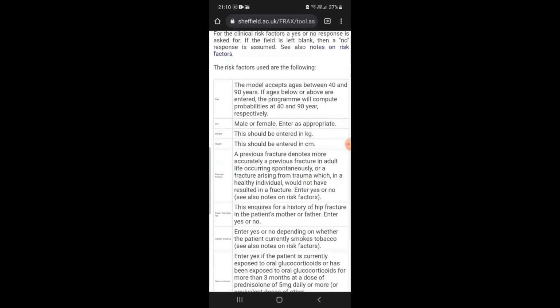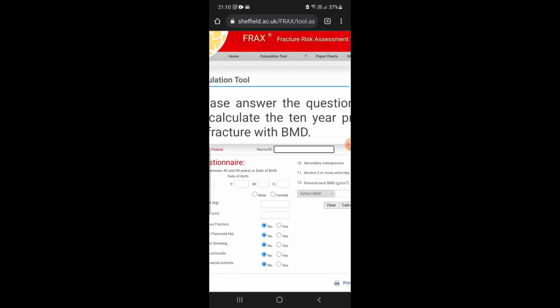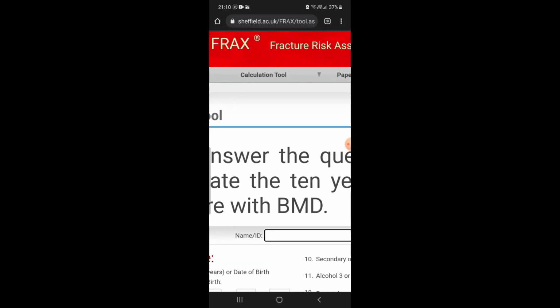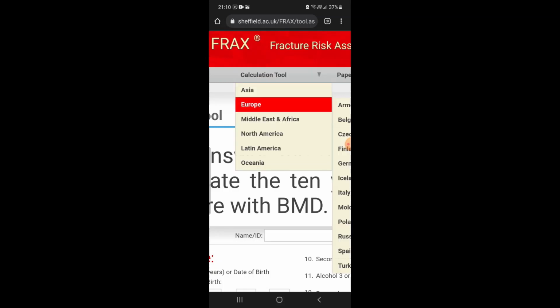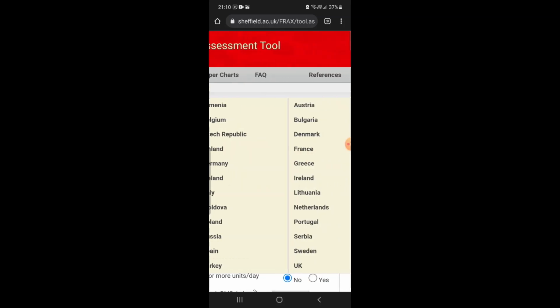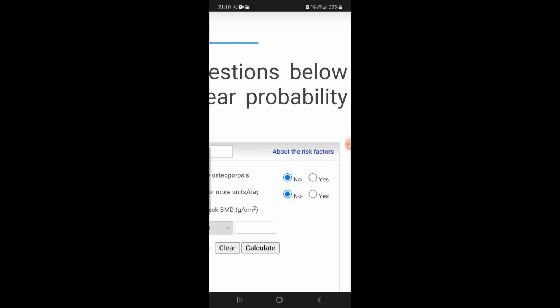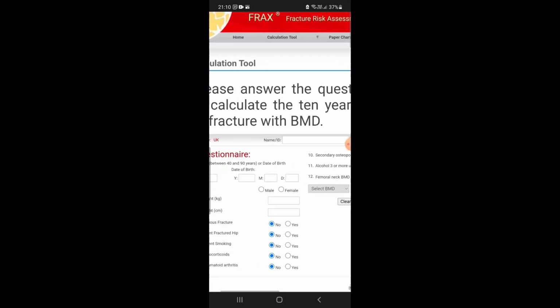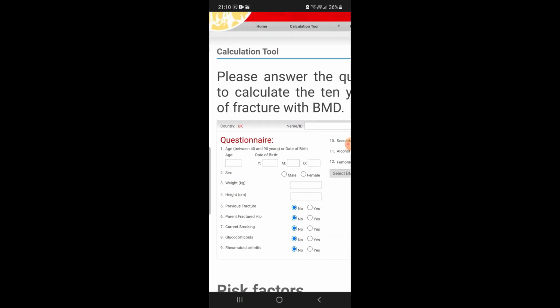Here are the risk factors, and the first thing to be done is to adjust the country data for FRAX. We have here Europe, and say we are in England, and now our data will be calculated for the English population.